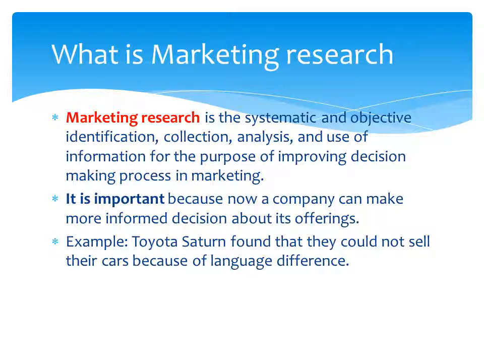Marketing research is important because a company can make more informed decisions about its offerings. For example, Toyota Saturn found that they couldn't sell their cars because of language differences, all this by doing marketing research.